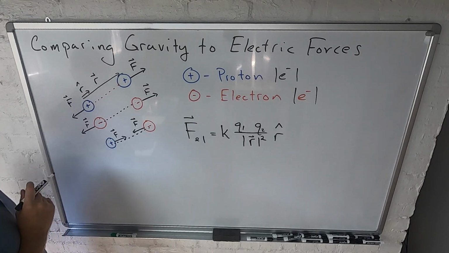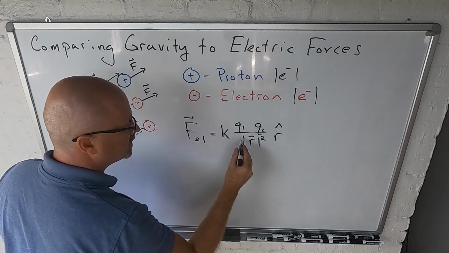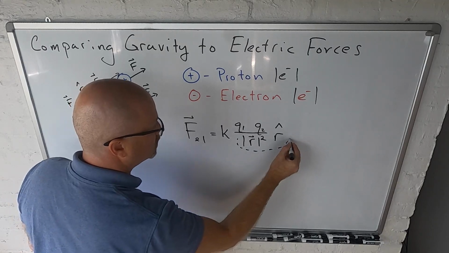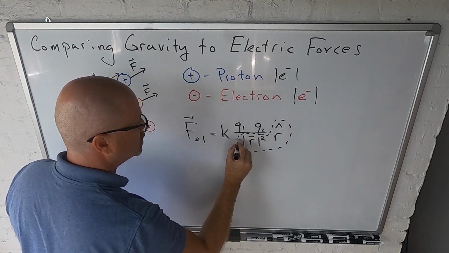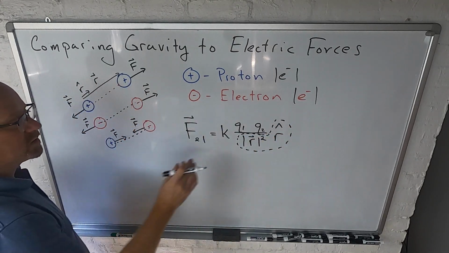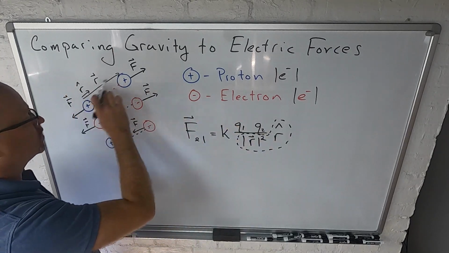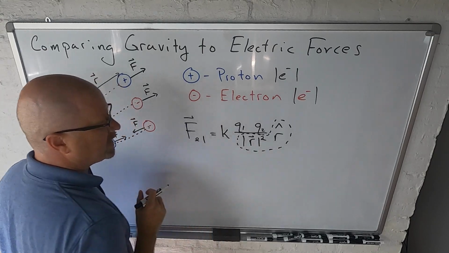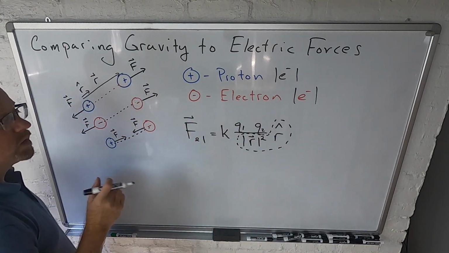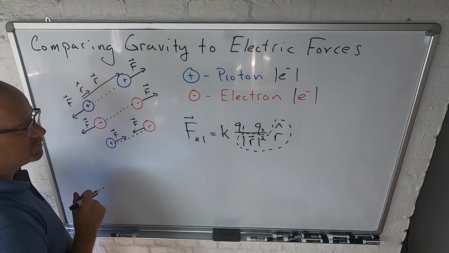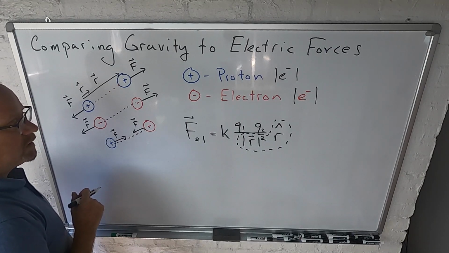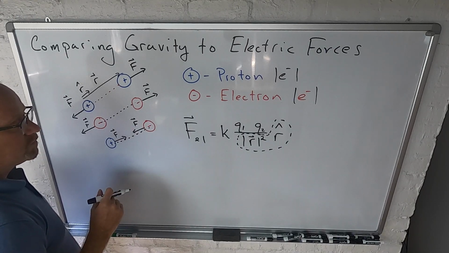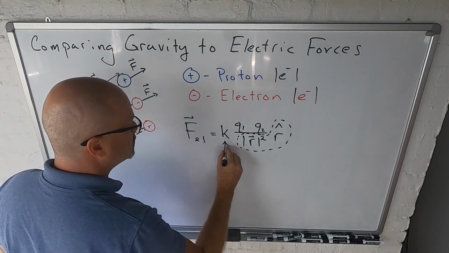So let's walk through this. You see the similarities with gravity, I hope. And we have a force law dependence that goes vectorially along the direction of the line connecting the charges, and the magnitude of that force will be proportional to 1 over the distance between them squared, so r squared, r magnitude squared. Okay, this is a constant.